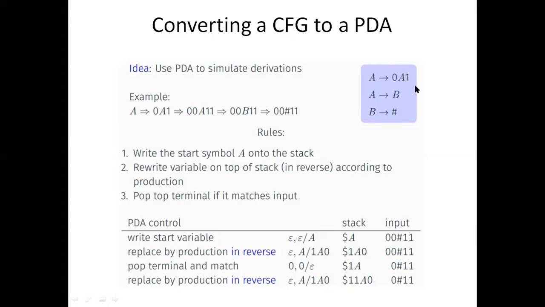Again, using this production rule, these three things will go onto the stack in reverse order. Using this rule, which we had previously used, we push 1 A 0 onto the stack. And then again, using this rule, we pop the element on the top of the stack, that is 0, and match it with the symbol under the tape head.